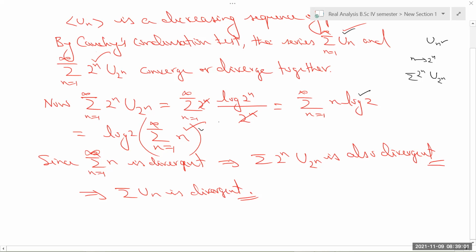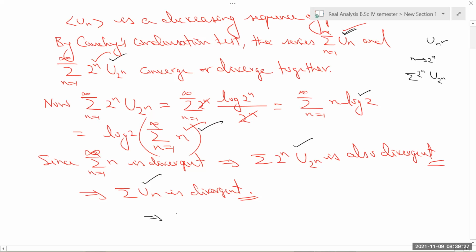Now we know the nature of this series, summation n equal to 1 to infinity n. This one is an unbounded divergent series. And as per Cauchy's condensation test, the nature of this series and summation un will both be the same. So this one is divergent, which implies that summation un is also divergent.